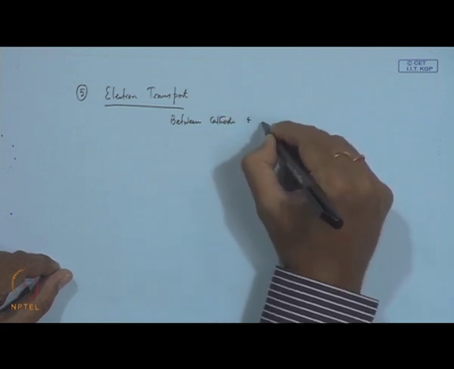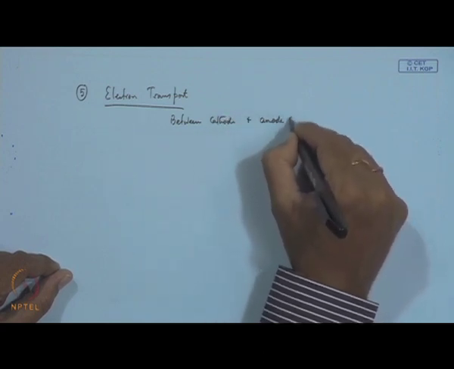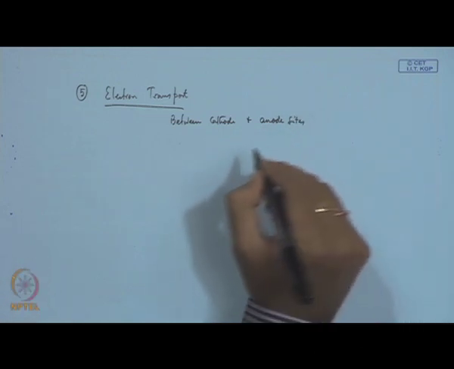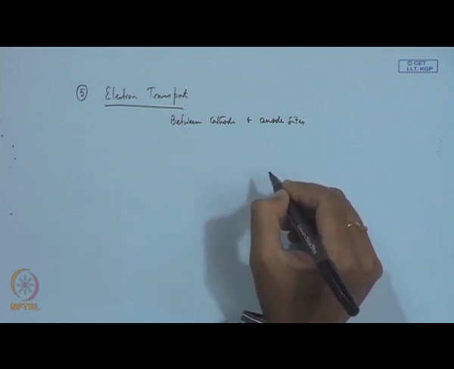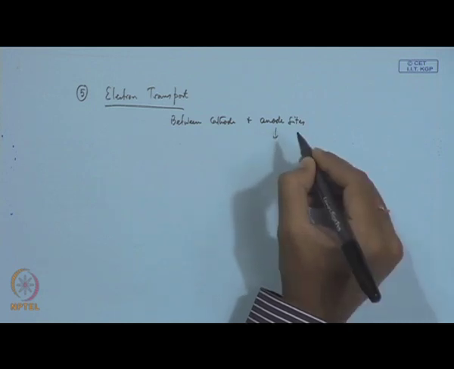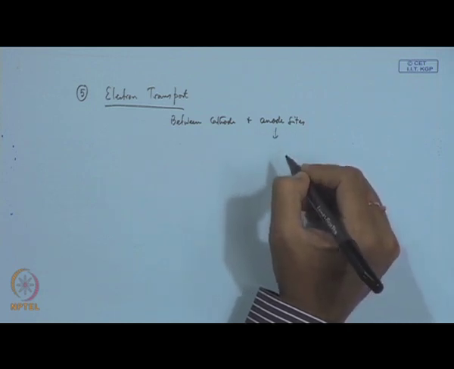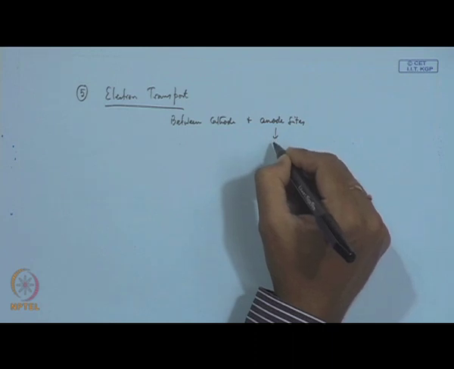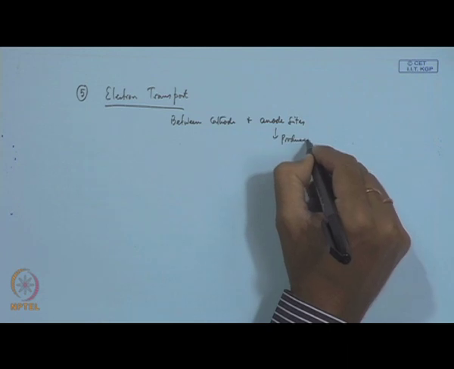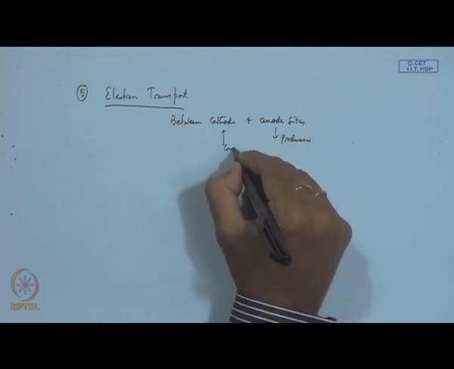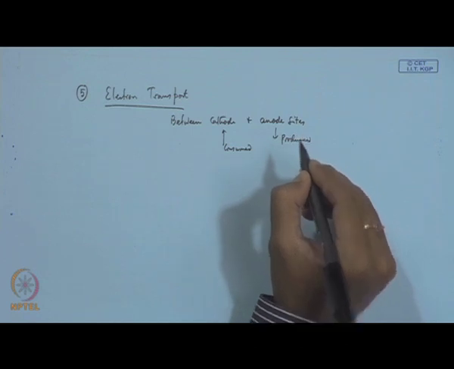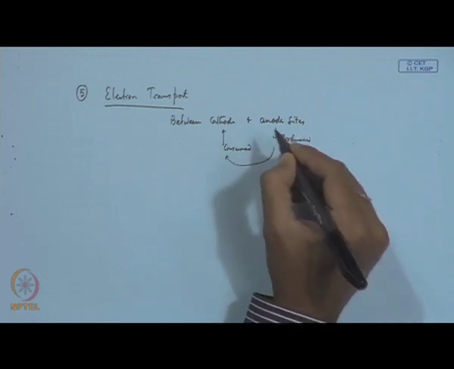Now since electrons are produced by oxidation in anodic half cell reactions and consumed by the cathodic reaction, it is produced here and consumed here. Okay. So that means electrons will flow from here to here.